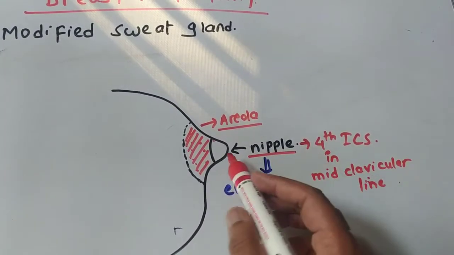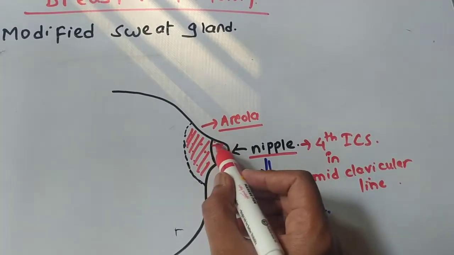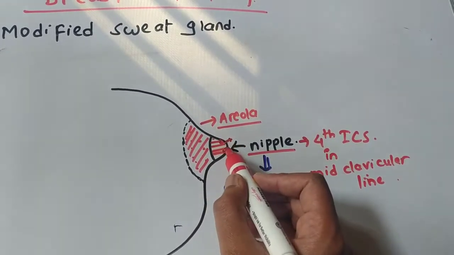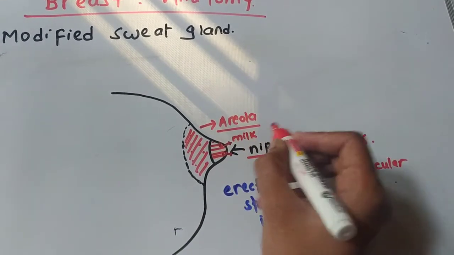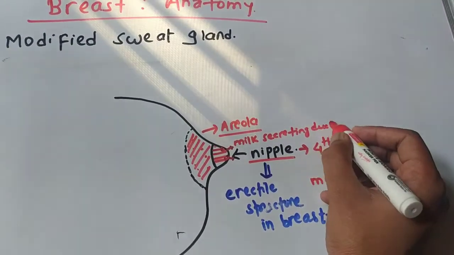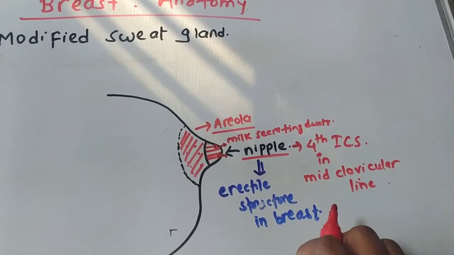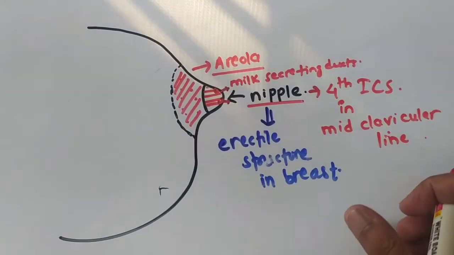The nipple is that part of the breast which contains multiple ducts, and these are normally the milk secreting ducts. Those are almost 15 to 20 in number.